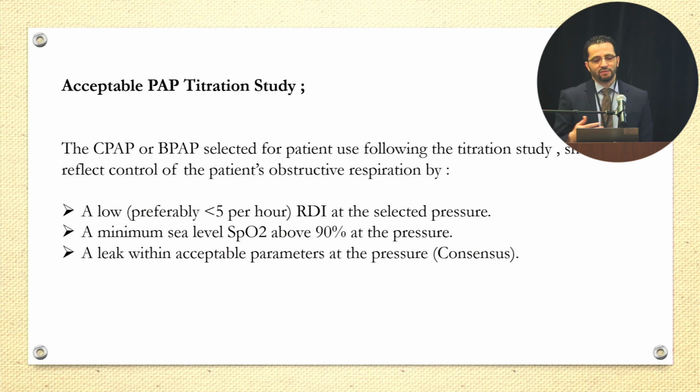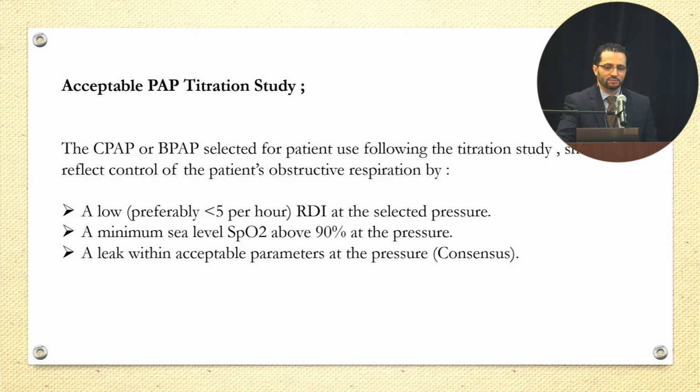So after you're doing all of this, what's an acceptable PAP titration study? How can you say that your PAP titration study was successful or not? The pressure selected for the patient following the titration study should reflect control of the patient's obstructive respiration. And how do you know about that? You should have a low RDI. This is not AHI.